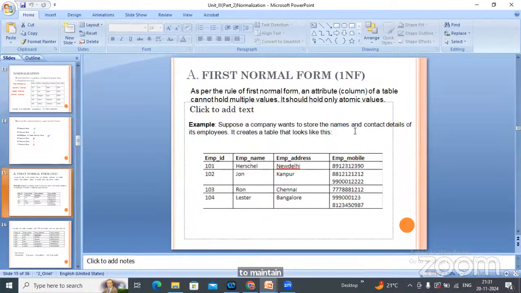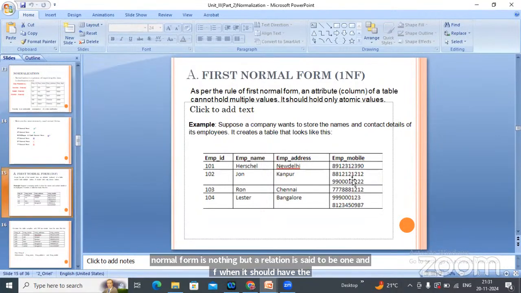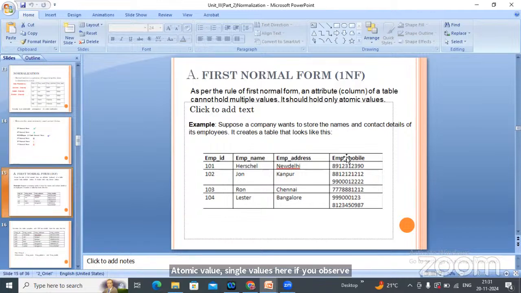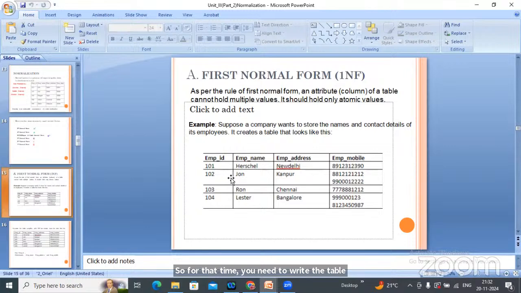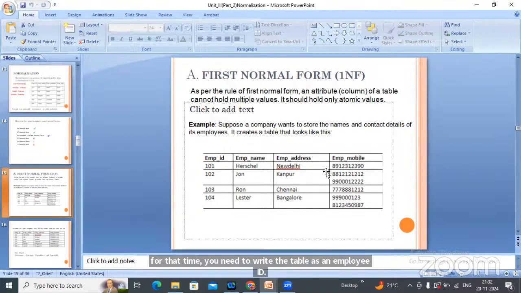What is first normal form? First normal form is nothing but a relation is said to be in 1NF when it has atomic values, single values. Here, if you observe, an employee will be having more than one contact, right? So for that, you need to write the table as employee ID 102 John Kanpur with the first number, right?